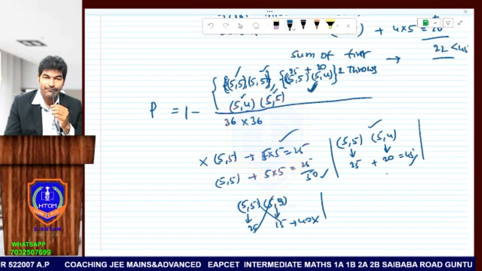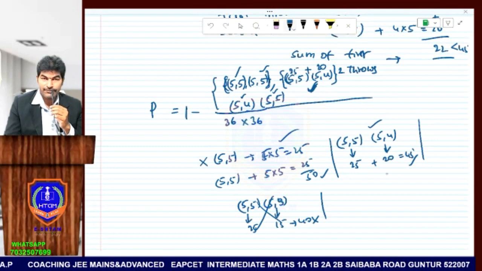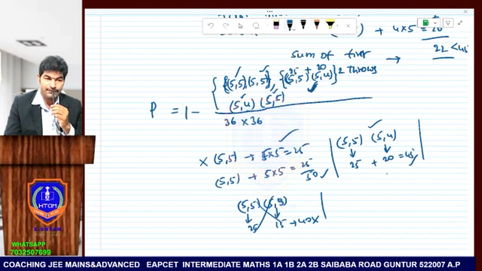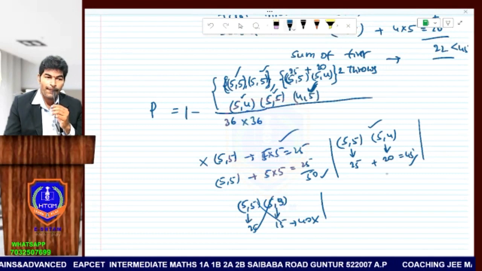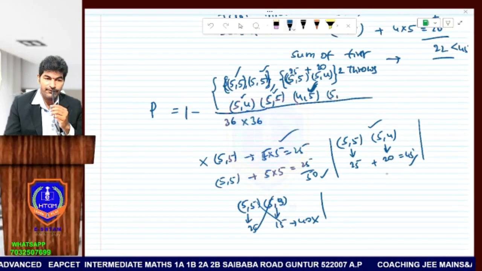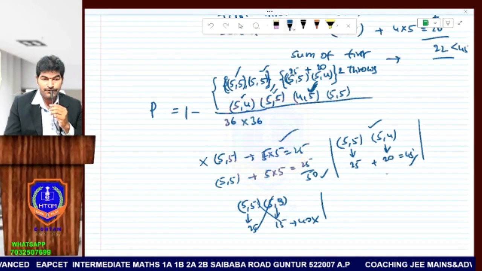You cannot take 5-4 and 5-4, because 20 plus 20 is only 40. Can we take 4-5? Yes, you can select 4-5 as the next event. 4-5 and what is that? 5-5 only, right? Only that is eligible for getting 45 or more.